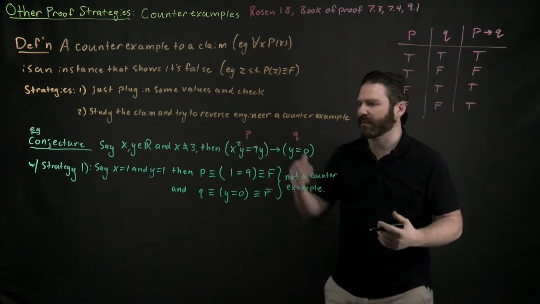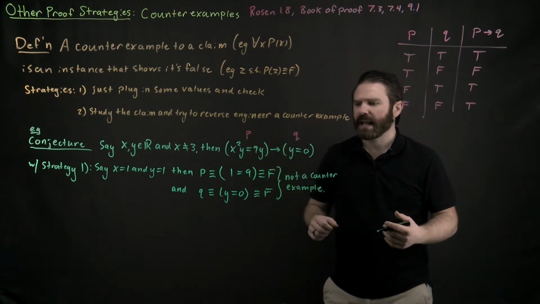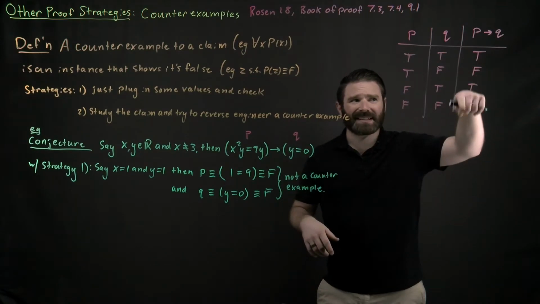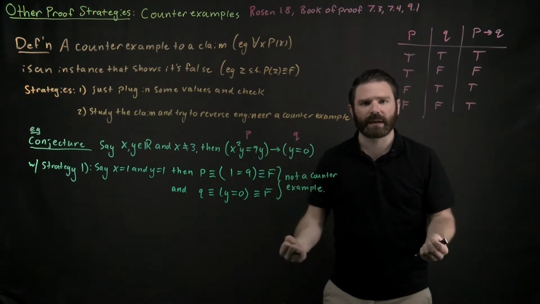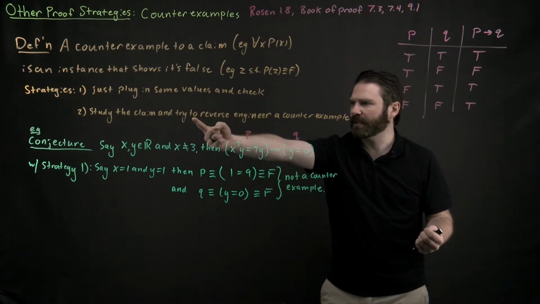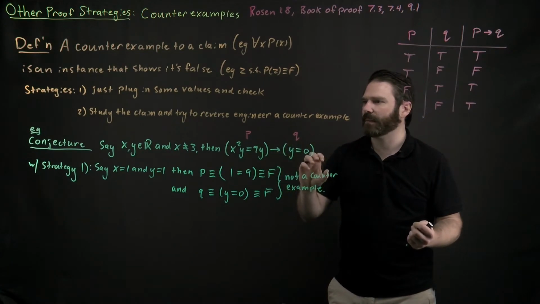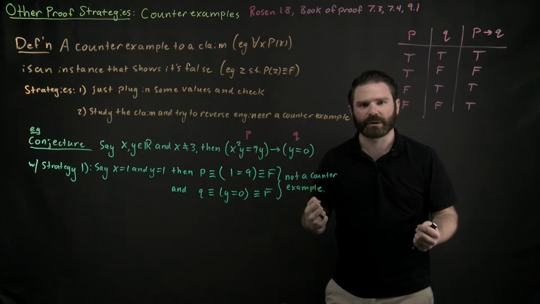You could try different values of x and y, et cetera, and you might get different combinations. But a lot of the times you're going to be finding that this implication here is true, but we're searching for a counterexample. So let's go ahead and apply strategy number 2 and study the claim a little bit more in detail to try to reverse engineer a counterexample.